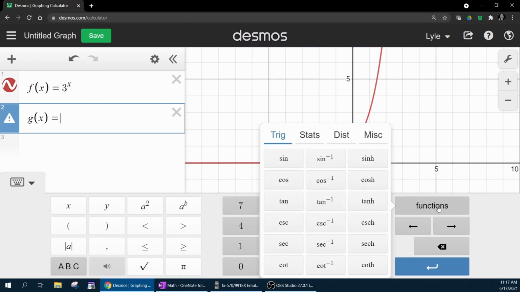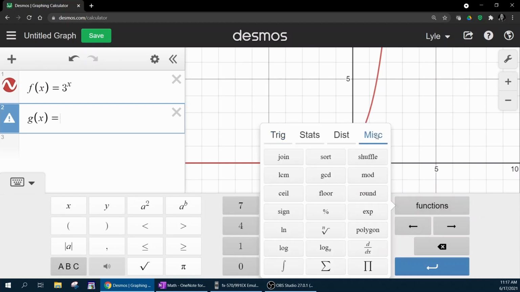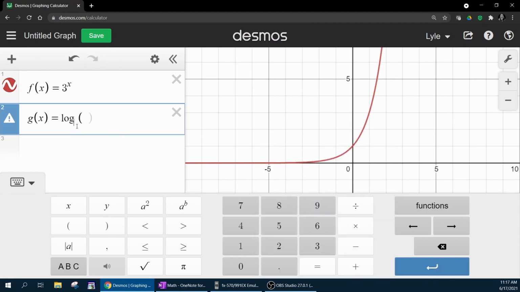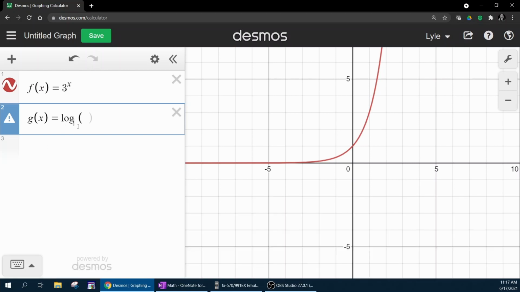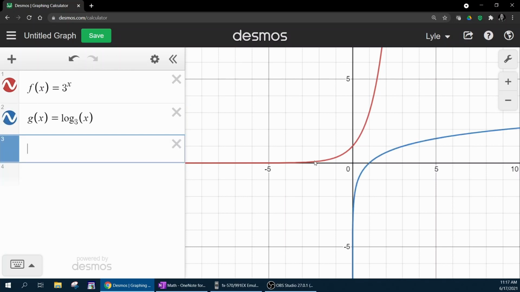Go over to functions, miscellaneous, and you're going to have a log with any base. So I'm going to choose the log any base, and the base is 3. Log base 3, move over and put the x.